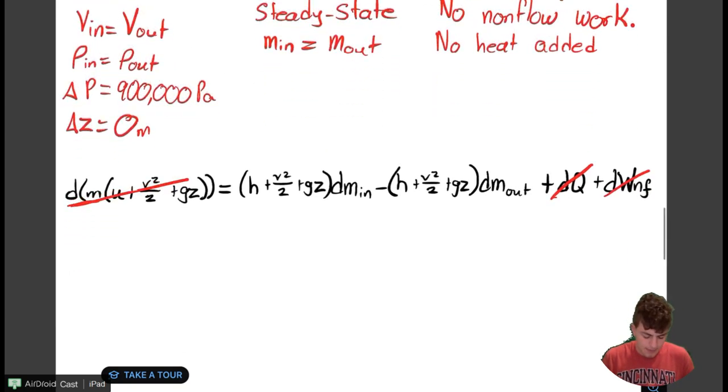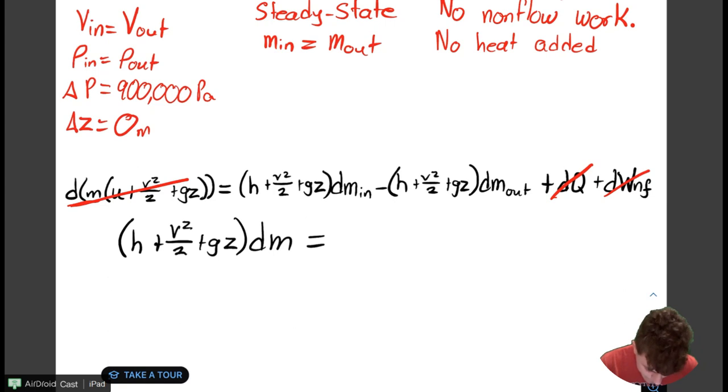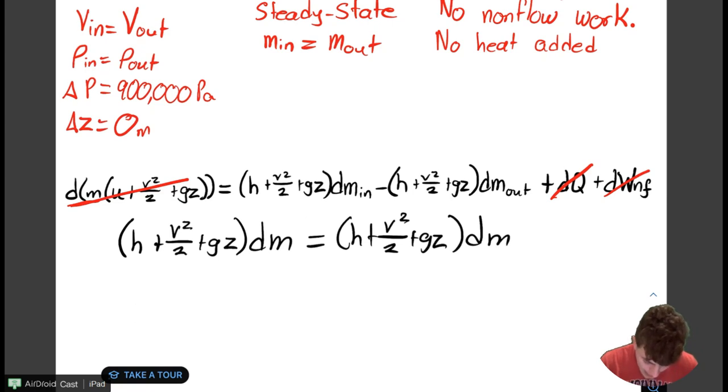So what we are going to have is some equivalence here. And technically this would be out, out, out, and this would be in, in.